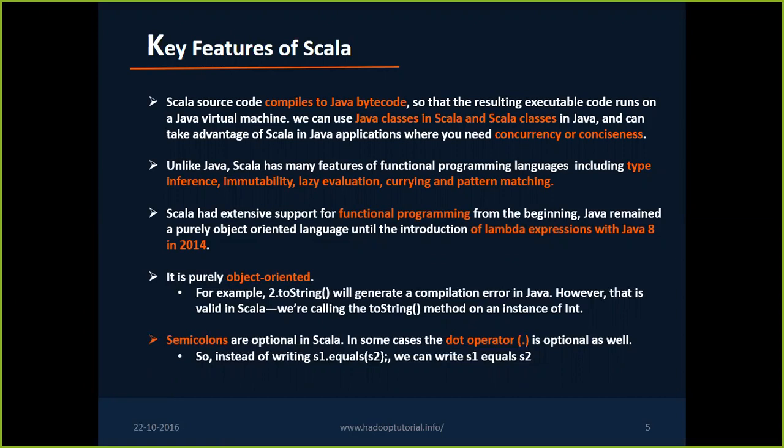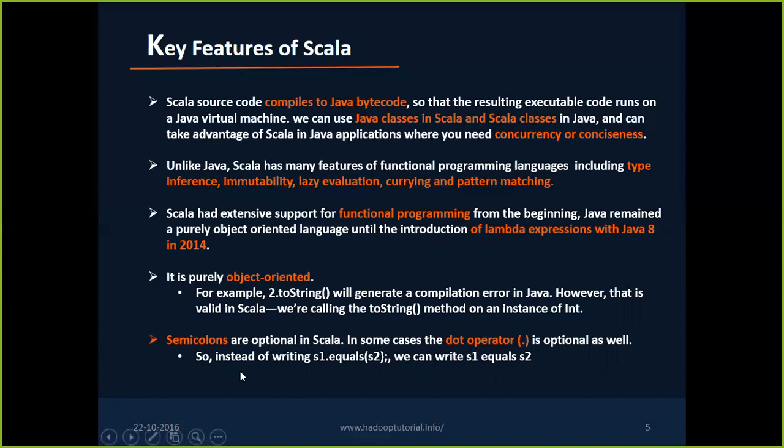Scala is more purely object oriented than Java. Why I made that statement, I will explain at the time of data types. Everything is an object in Scala. There is nothing like a primitive, as in Java, which we will discuss.